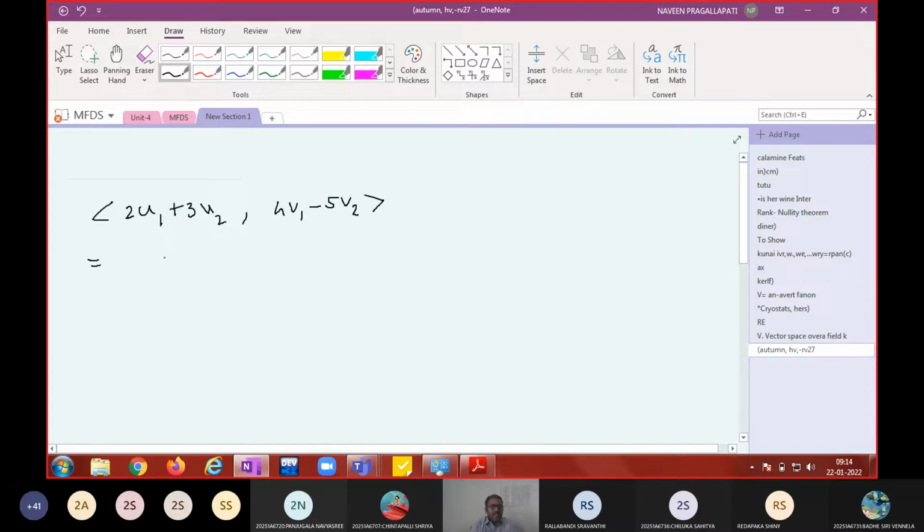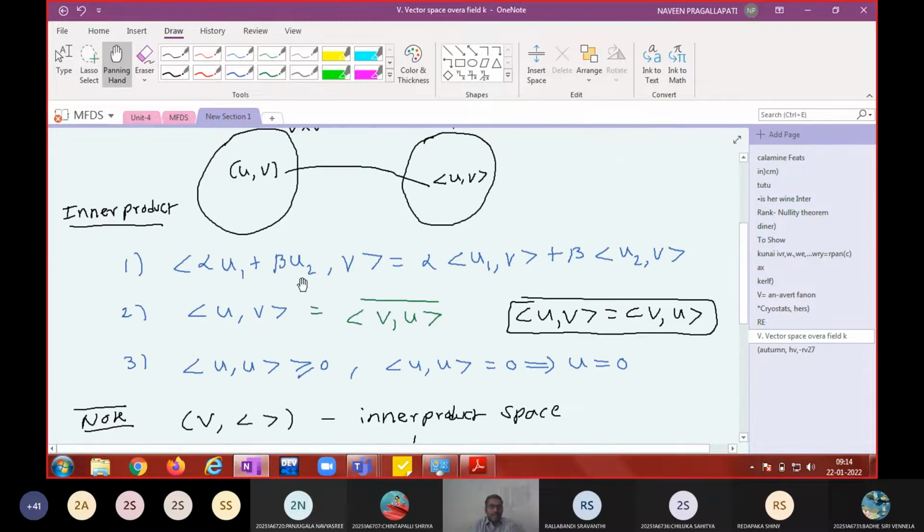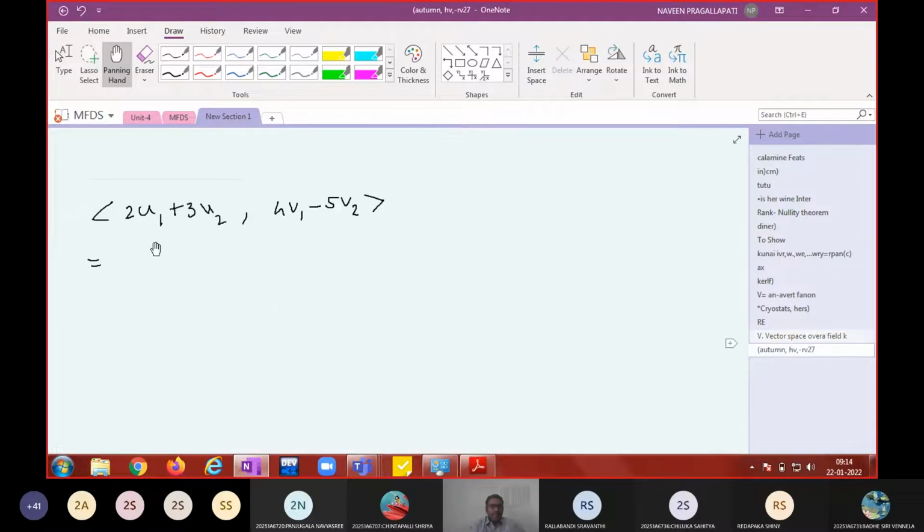According to the definition, you see this as a whole vector. According to the previous property, constants can be taken out: u1 into v and u2 into v. That is what the result says.